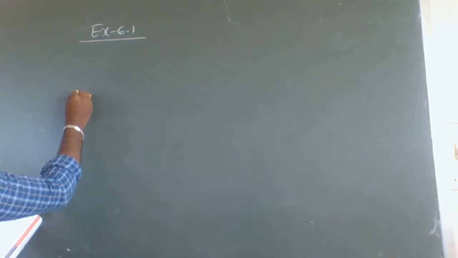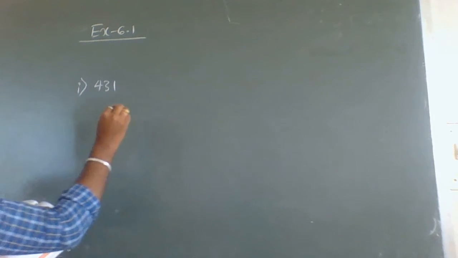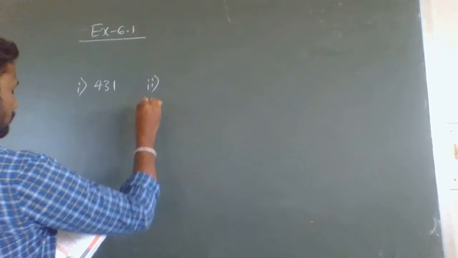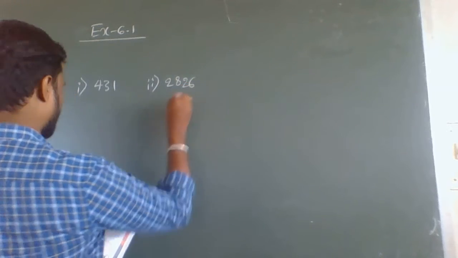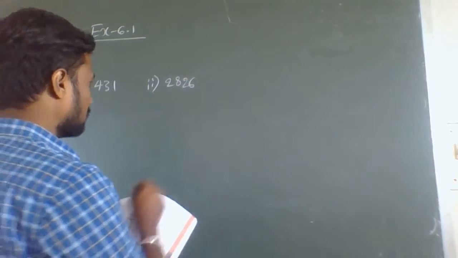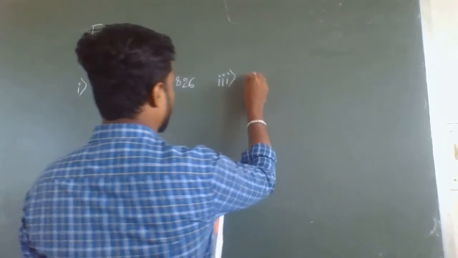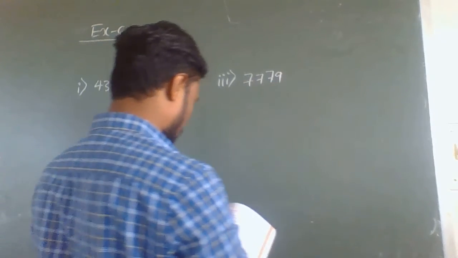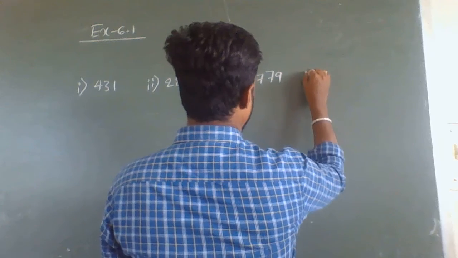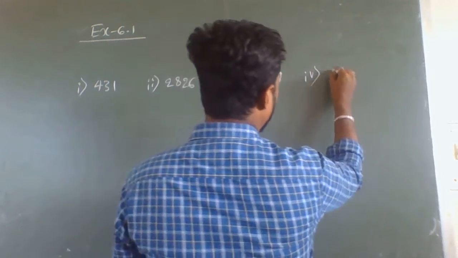So here there are four numbers given: 431, next one 2826, next third one 7779, fourth one 82,004.